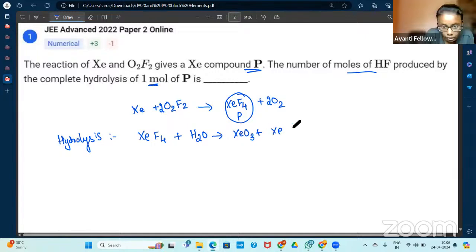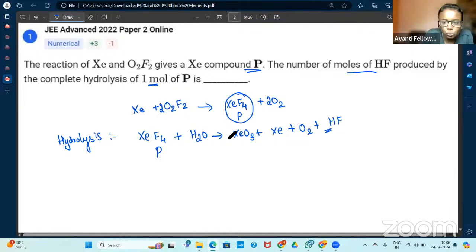It gives out xenon, it gives out O2, and it gives out HF. Now balance the equation so that you get the number of moles of HF produced by the complete hydrolysis of 1 mole of P, that is, 1 mole of XeF4. So XeF4 is your P. Now balance the equation.